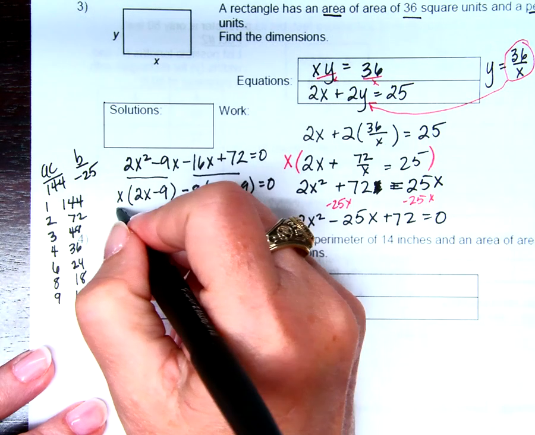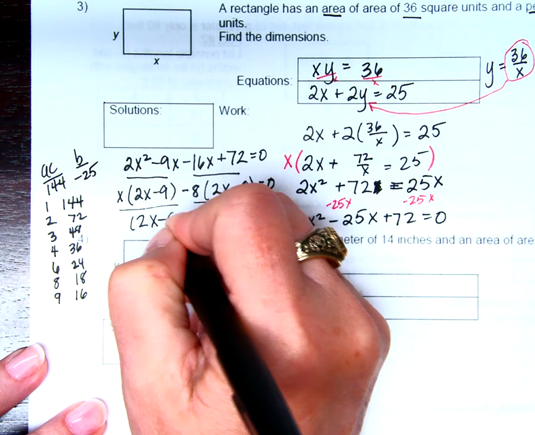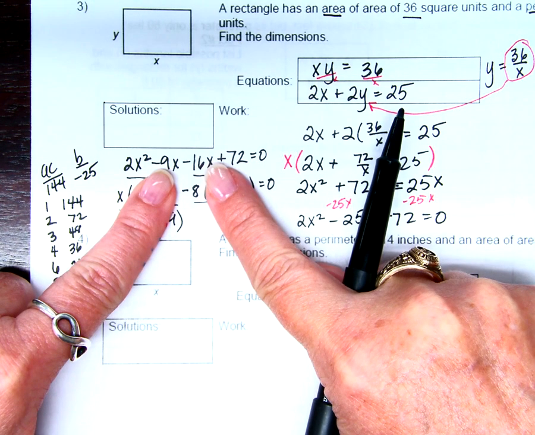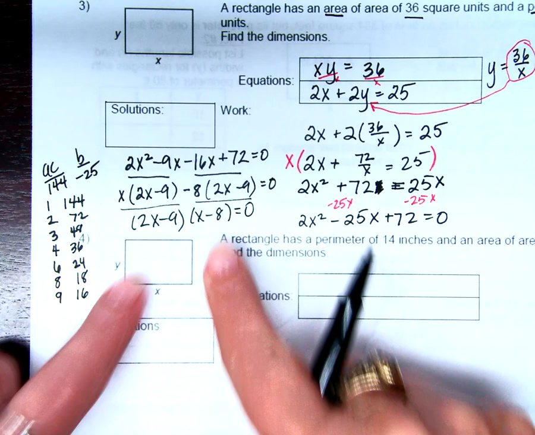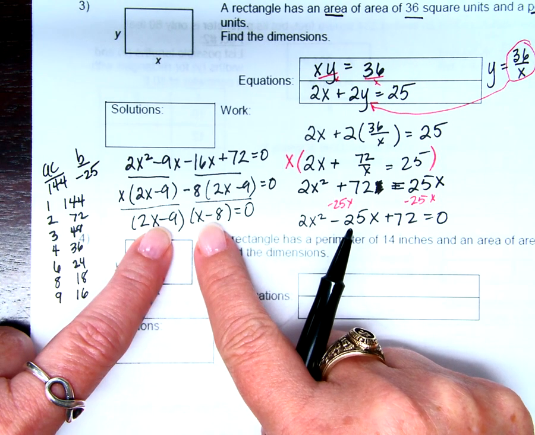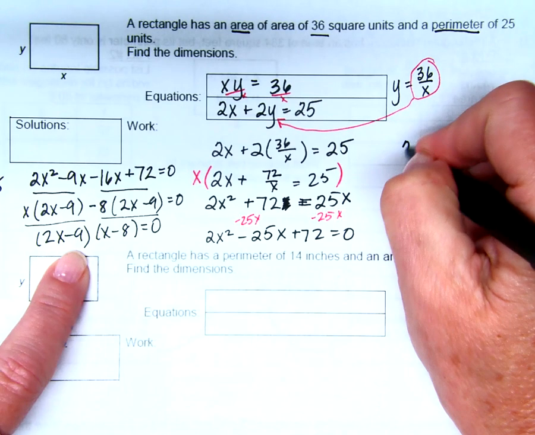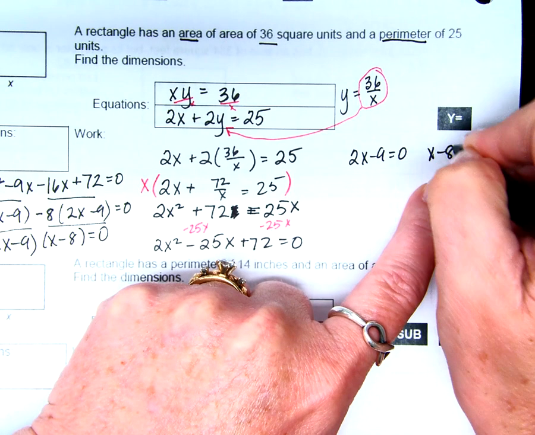What do these 2 terms have in common? 2x minus 9. And what's left if I take out a 2x minus 9? X minus 8. Now these two, according to zero product property, what do I do with these two? So 2x minus 9 equals 0, and x minus 8 equals 0.